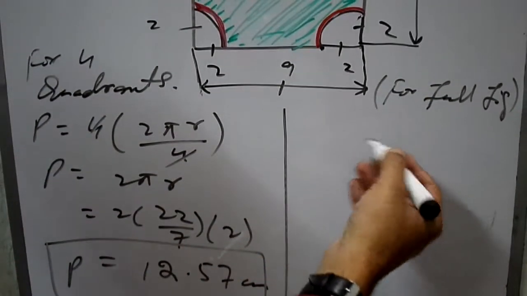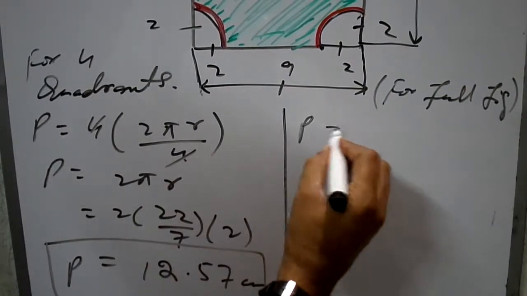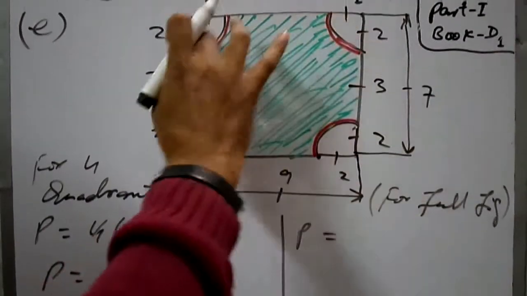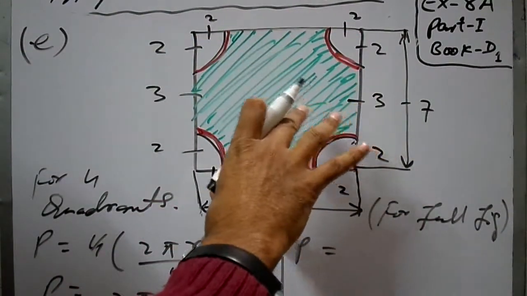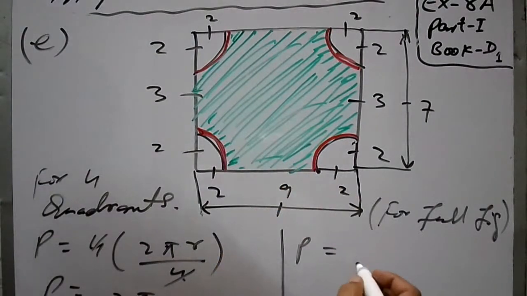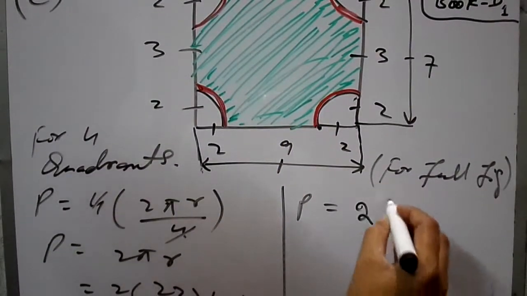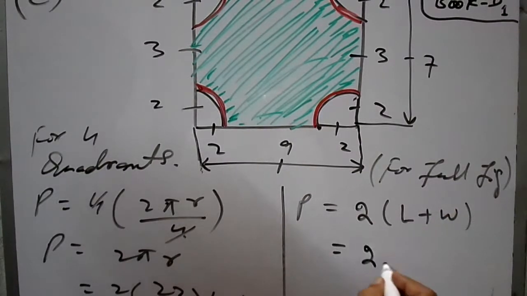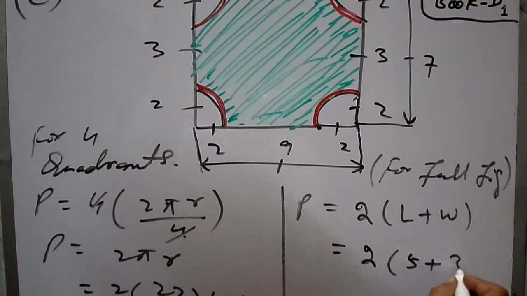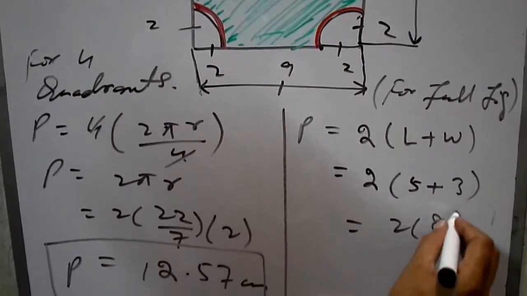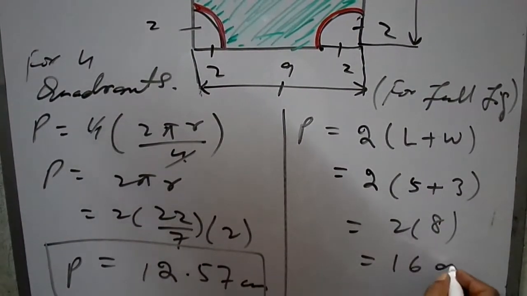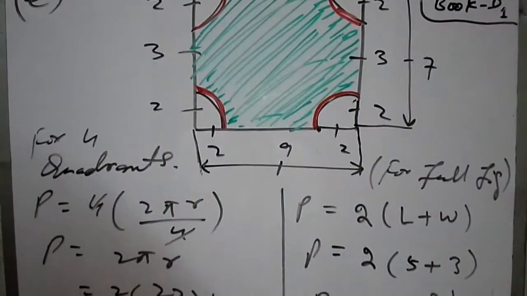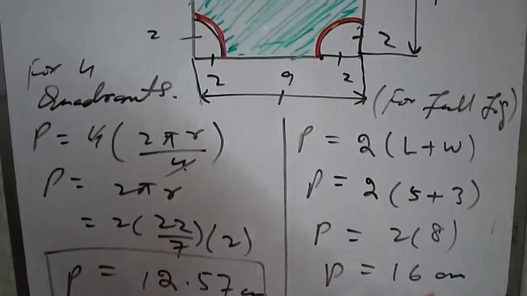Similarly, the perimeter for the full figure, without taking quadrants, is 2 into L plus W. So 2 into 8, that is your 16 centimeter. So that is the perimeter without quadrant, because the quadrant has this perimeter, and without quadrant you will get this.